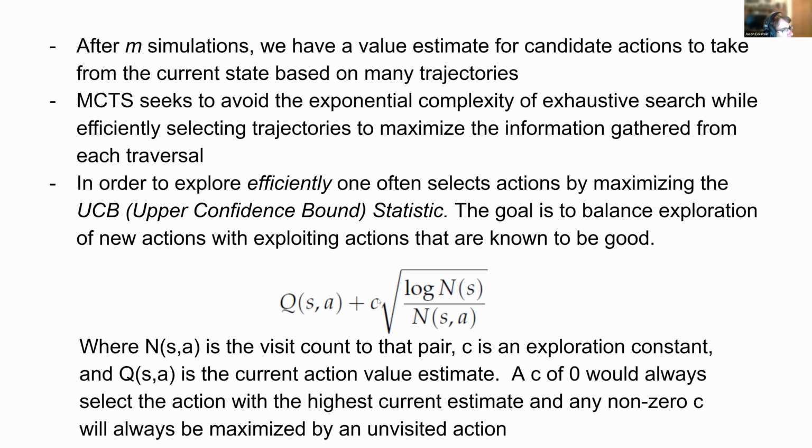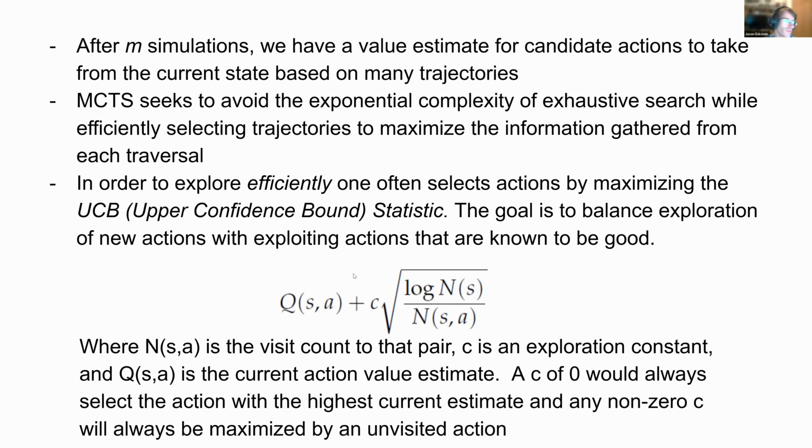There's some constant used to control how much we favor this exploration term. This natural log term isn't that important. You can see that even as n gets extremely large, this is going to grow very slowly. It's in there for historical reasons. It makes MCTS more stable. But this is basically adding a term related to the standard deviation.